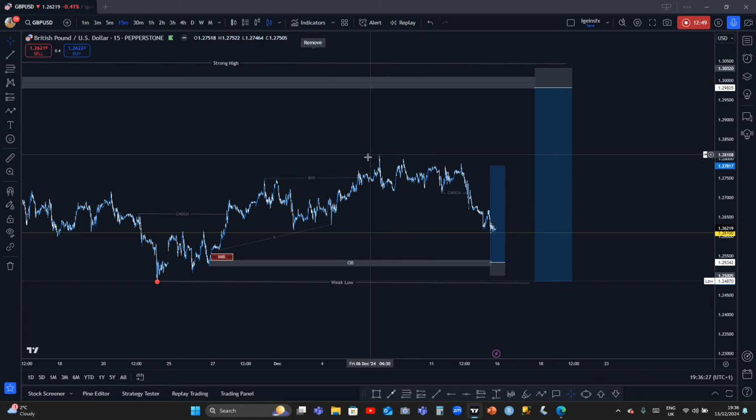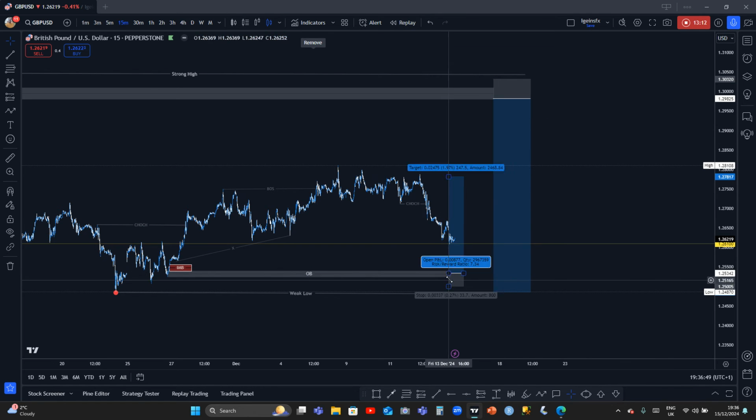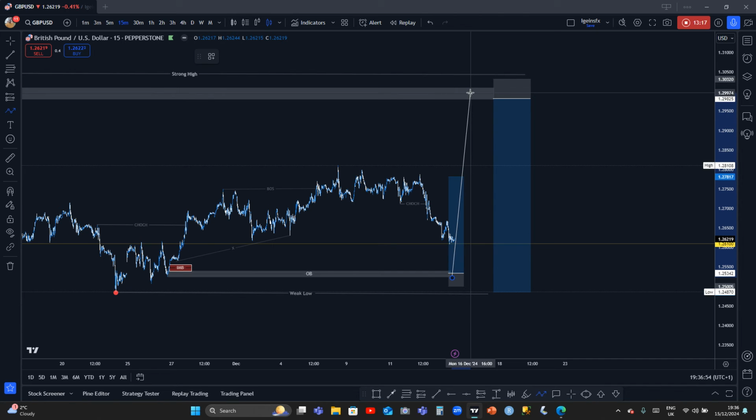Now it has got to this point and it has changed character again, it is coming down. So as soon as price gets to this point, I am expecting that this order block should dish out a buy. And once it holds, that means this point is going to be a turning point for price to move and tap into this origin, then finally resume the bearish run.